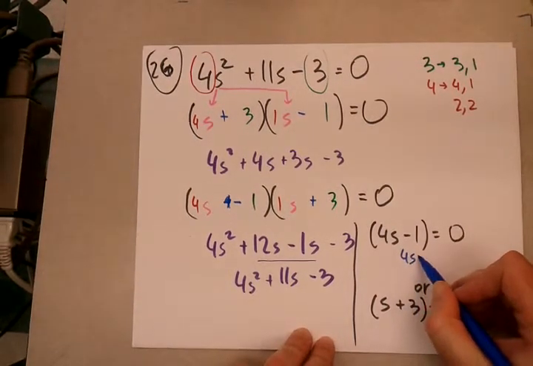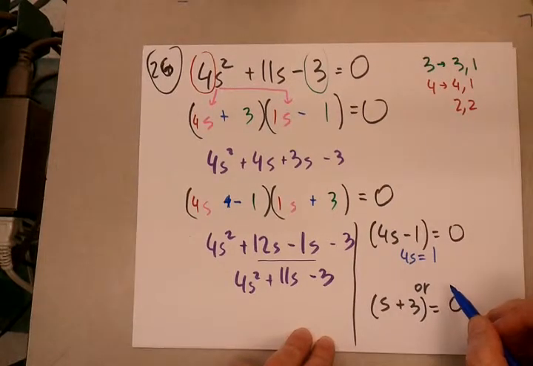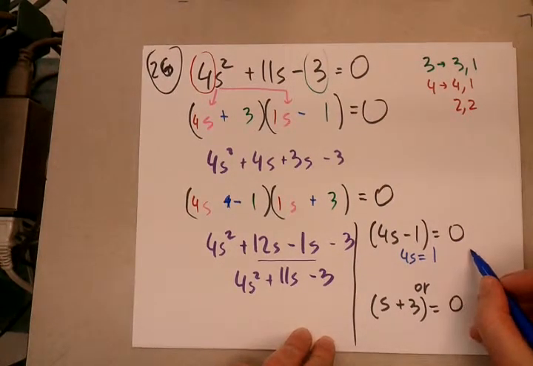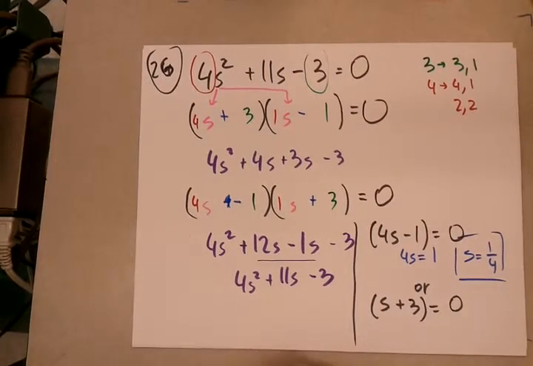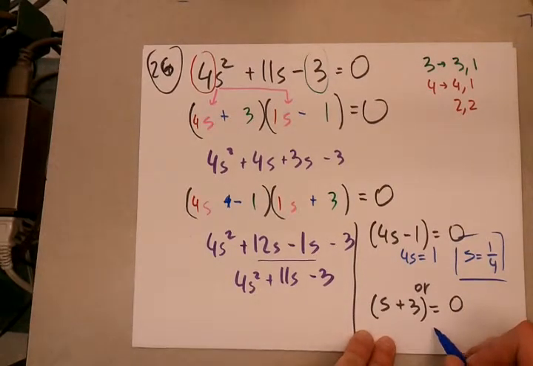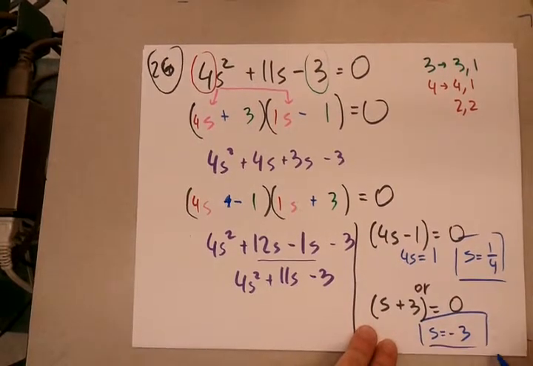So 4s equals a positive 1. Divide both sides by 4. s equals 1 over 4. So s is either 1 over 4. Here I'm just going to subtract 3 from both sides. So s equals negative 3. So s is either 1 over 4 or s is negative 3.